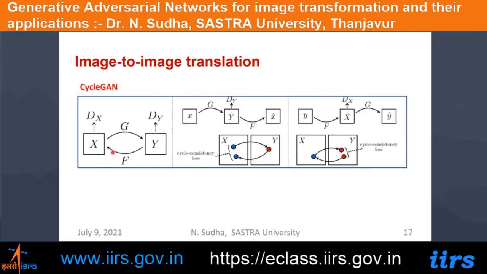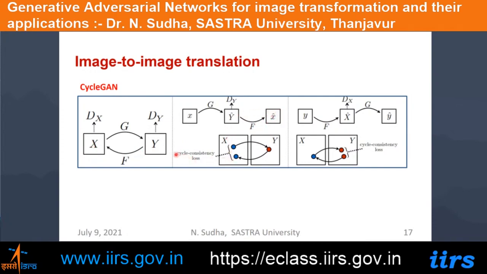In the cycle GAN, actually we have two generators and two discriminators. Here G is a generator and F is also a generator, and Dx and Dy are the discriminators, and X and Y are the input and the output. Given an X image, you will get a Y image, the approximate image, and then from there you will get again the reconstructed X image.